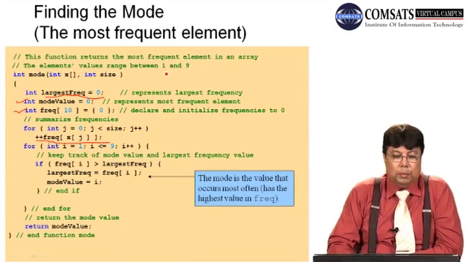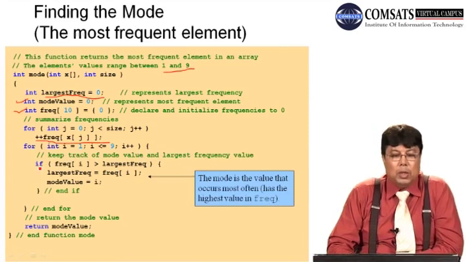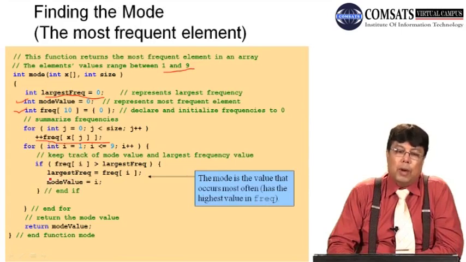Okay, so for int i equal to 1, i less than or equal to 9, i plus plus, and frequency of i is greater than the largest frequency. हमने यहाँ पर assume किया था कि largest frequency is equal to 0, और यहाँ पे हम क्या कर रहे हैं? Here we are checking frequency of 0, frequency of 1, frequency of 2, 3, 4, 5.